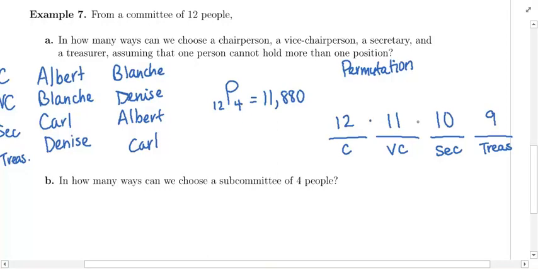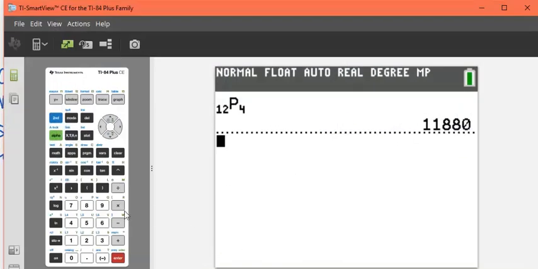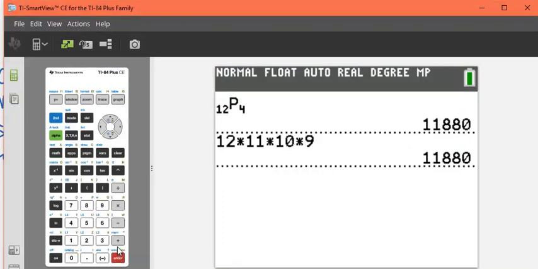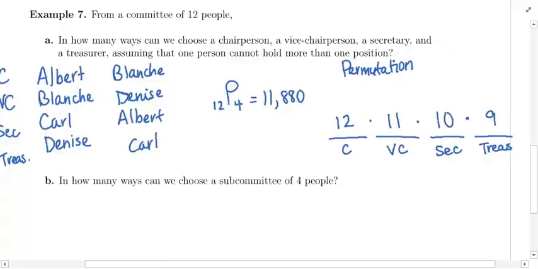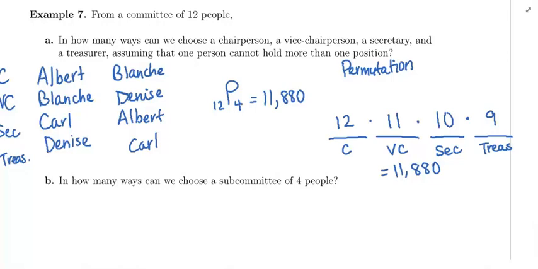The multiplication principle says that you would multiply these together. Let's see what happens. If I go to my calculator and I do 12 times 11 times 10 times 9, boom, you get the same number. So you may be wondering, was I supposed to use a permutation or was I supposed to use the multiplication principle? And the answer is you could have done either. So here's something I haven't mentioned to you yet.